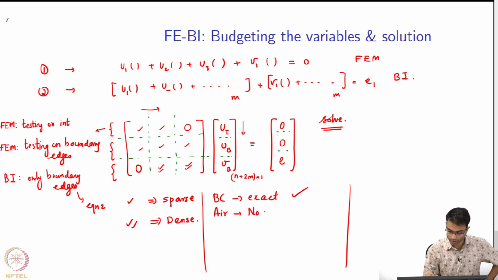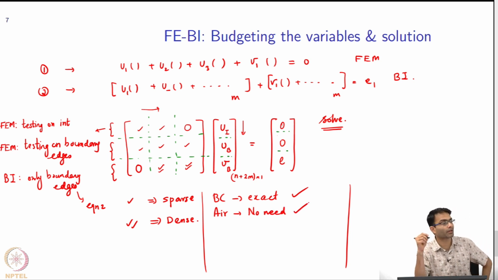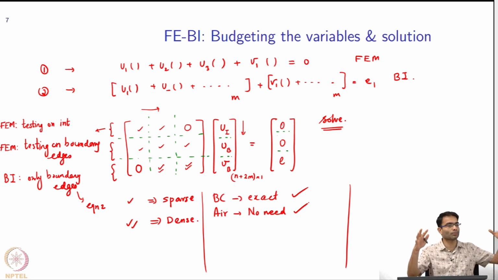No need. So my domain of discretization has shrunk to the bare minimum required. What is the disadvantage? The system of equations is larger but marginally. If you take a very large volume and take the ratio of interior edges to boundary edges, it's not much of a price.